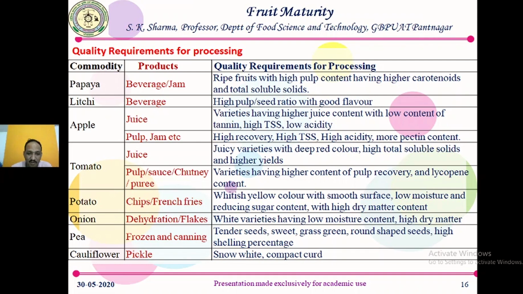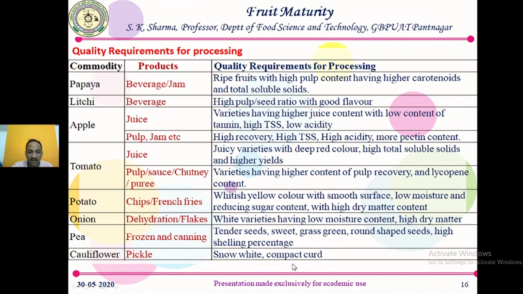As you proceed with the maturity, the sweetness will go off. So that is not desirable. When you select pea varieties or the stage of harvesting for the purpose of freezing or canning, we must select those peas which are tender as well as sweet. That's very important, and the shelling percentage should also be high, meaning higher yield. It's very important for making the process economical.